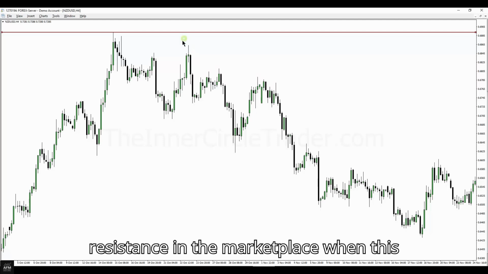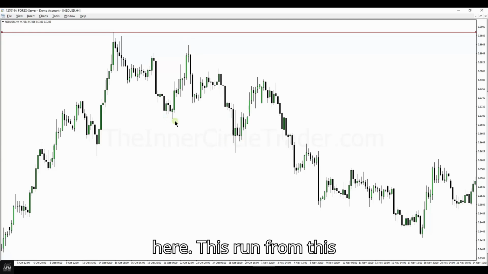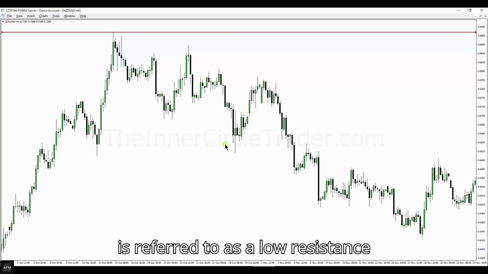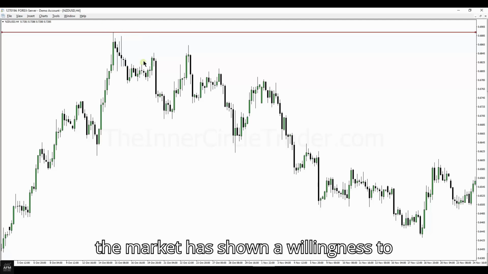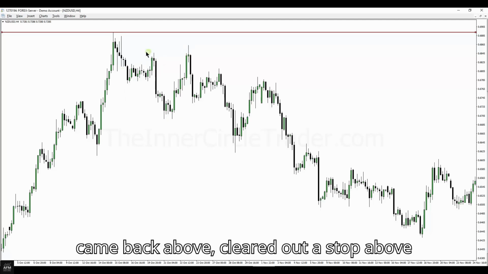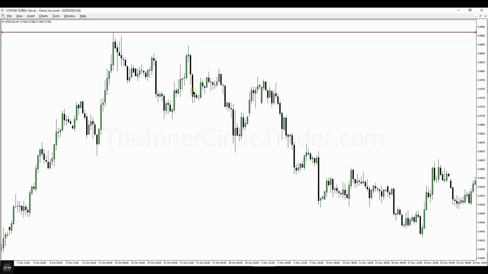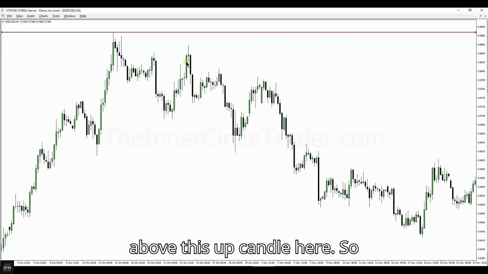Notice there was very little resistance in the marketplace when this high eventually traded lower, taking out the liquidity resting below these lows here. This run from this high, taking out these lows, is referred to as a low resistance liquidity run because we have a longer term high to the left of us and the market has shown a willingness to take out a low, and then we came back above, cleared out a stop above the high, retraced, had an unwillingness to go above this up candle here.